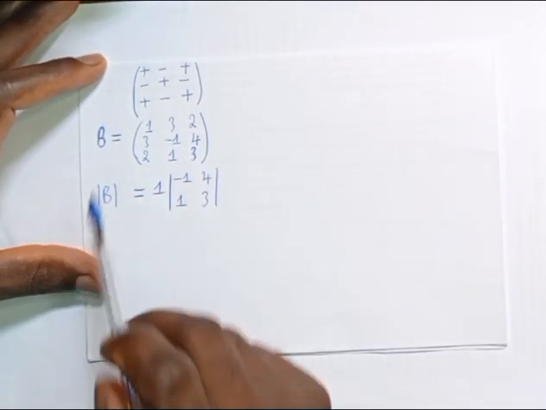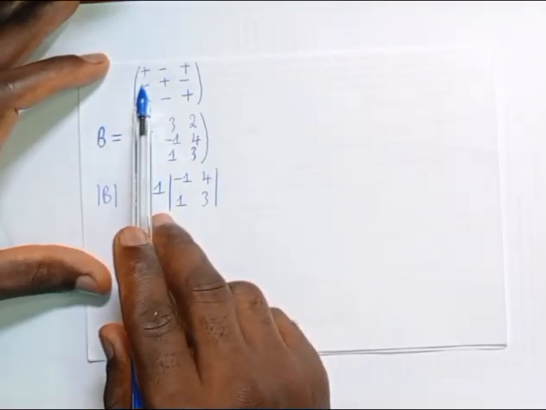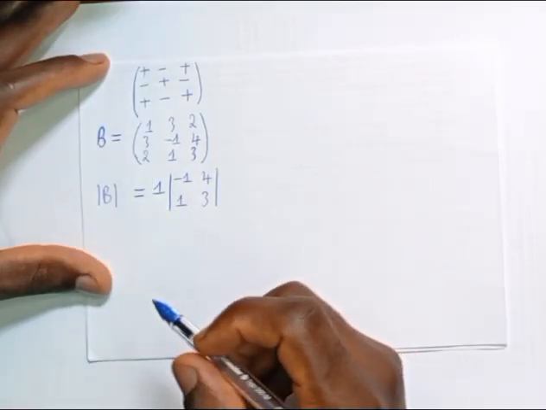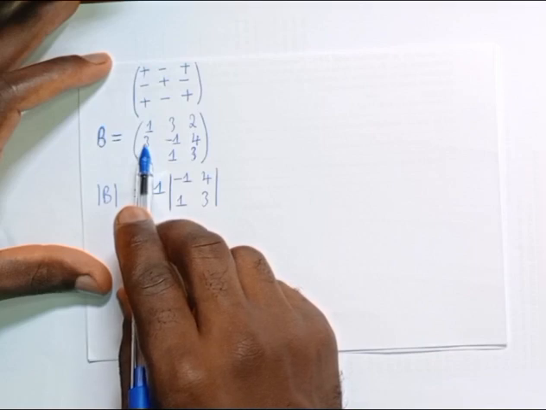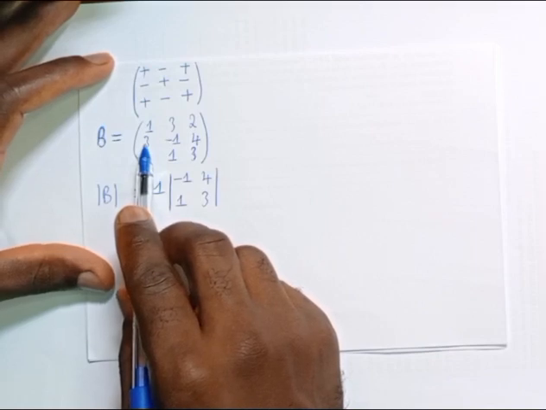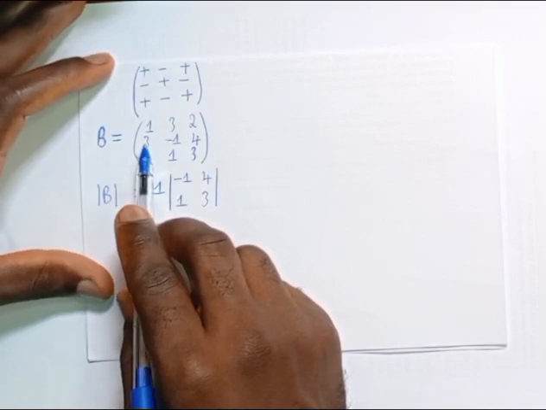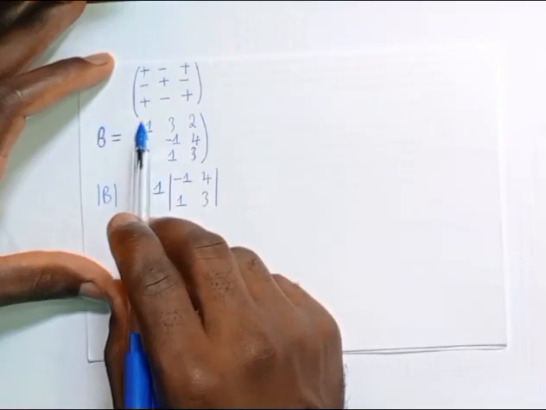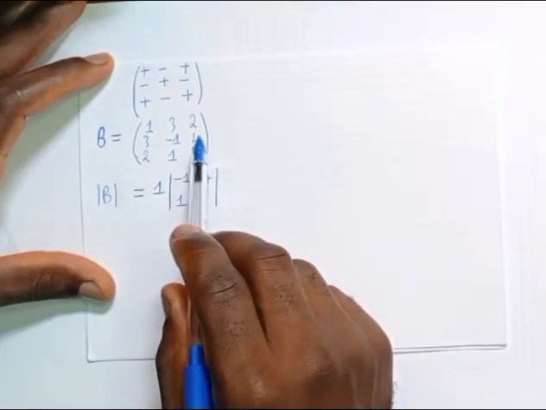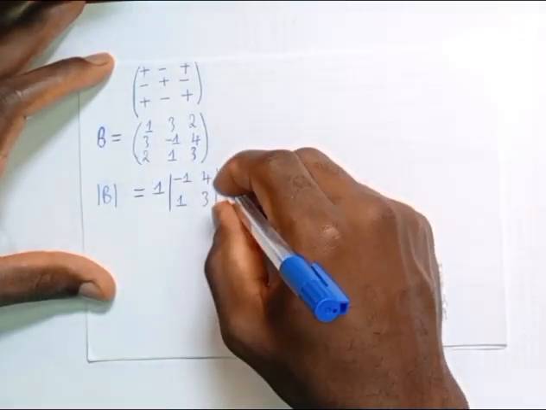We move now to the next. The sign rule says it is negative, so minus 3 times the 2 by 2 matrix, which is formed by suppressing the column and the row which has the entry 3. We know positive, negative stays.